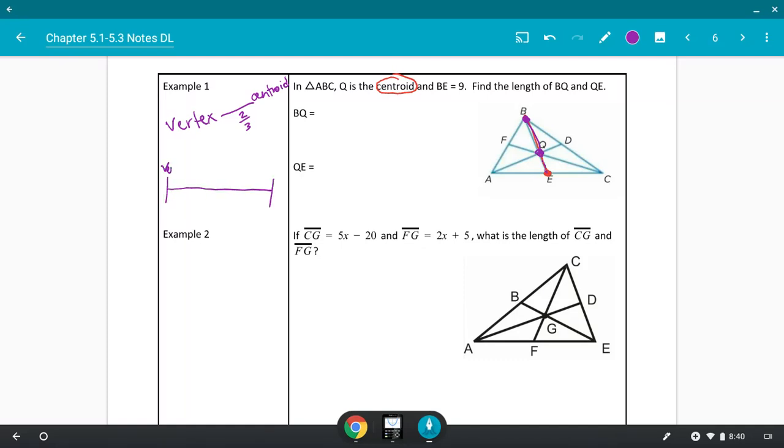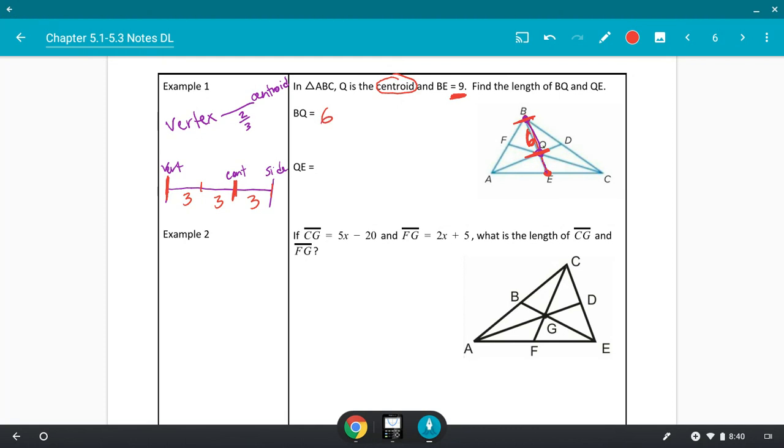So if this is the vertex, and this is the side, and this is the centroid, if we split it into thirds, we're looking at 1 like that, and this would be like 3, 3, 3, because it's 9 altogether. That means from the vertex to the centroid, this is 6. So BQ is 6.